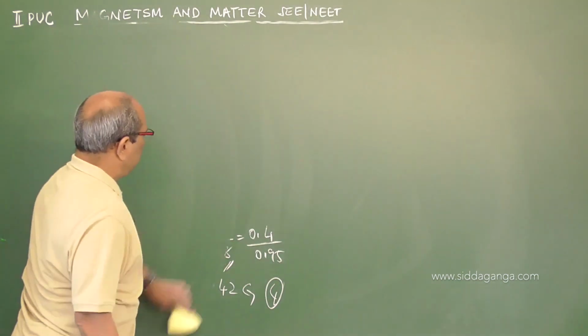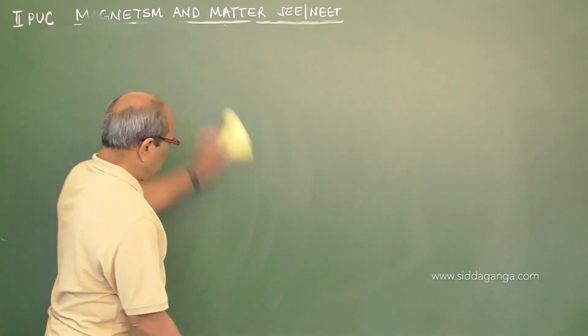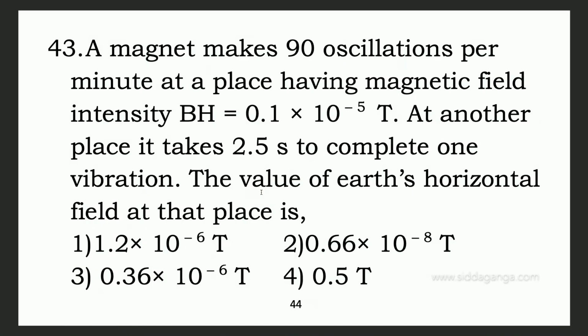Coming to 43. A magnet makes 90 oscillations per minute, that becomes a 3/2 second period, having horizontal magnetic field intensity BH equal to 10 power minus 6 Tesla.